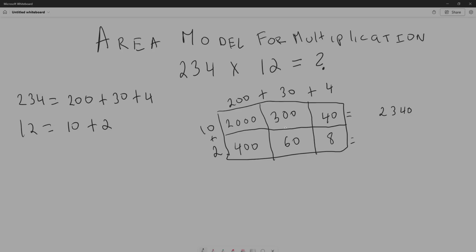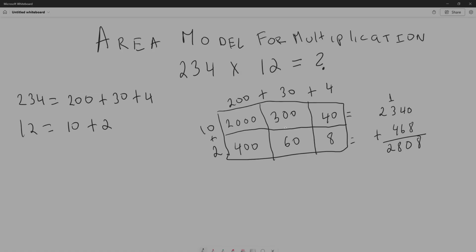Now this one is gonna be 468, and we need to add both rows to get our final result. So 0 plus 8, that's 8, 6 plus 4, that's 10, carry 1, 4 plus 3, 7 plus 1 is 8, and then 2 plus nothing, that's just 2.